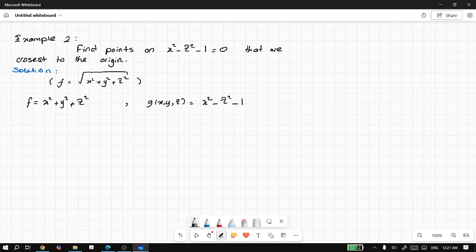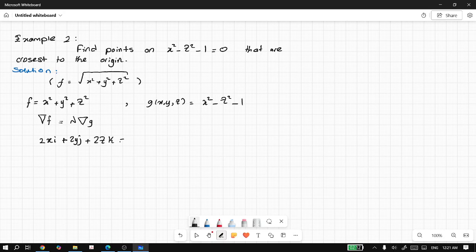Okay? Now using Lagrange multipliers to find the minimum distance between g and f, we have grad f equal to lambda grad g. Grad f, again, we know that's equal to 2x i, the derivative with respect to x, plus 2y j, with respect to y, plus 2z k, with respect to z.